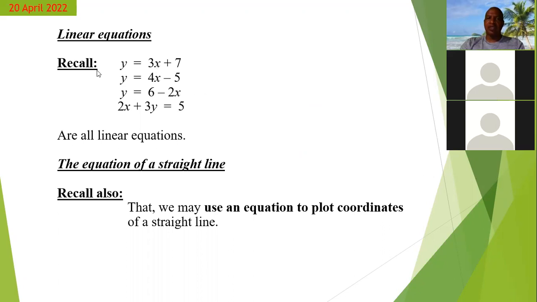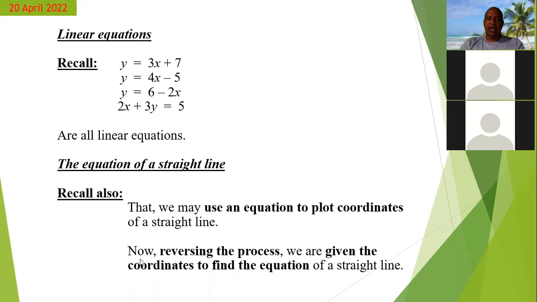And so we would use the equation to calculate the y coordinates, since we would have been given the x coordinates. And once we have the x and y coordinates, we use those to plot our points, and we would get a straight line. So all of that we have done already in graphs. I'm just recapping that.